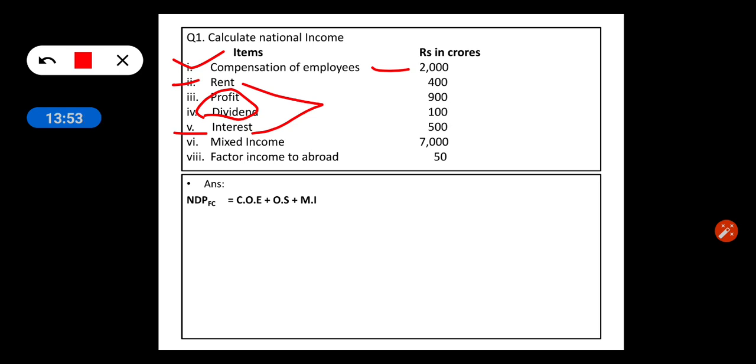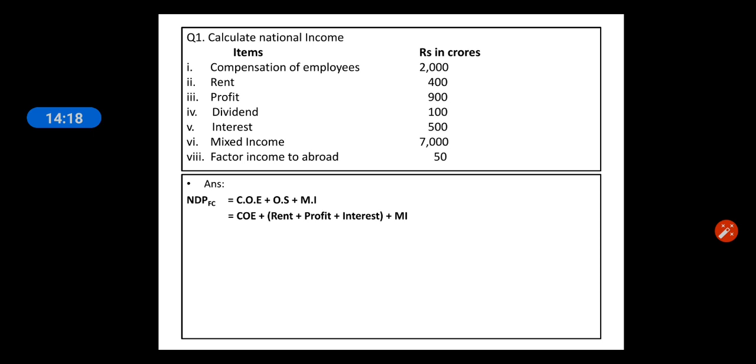We know that profit comprises dividend, corporate tax and corporate saving. And we have already discussed that if the value of profit is given, we are going to ignore the value of corporate tax, saving or dividend. So here the value of profit is given, so we are going to ignore the value of dividend.